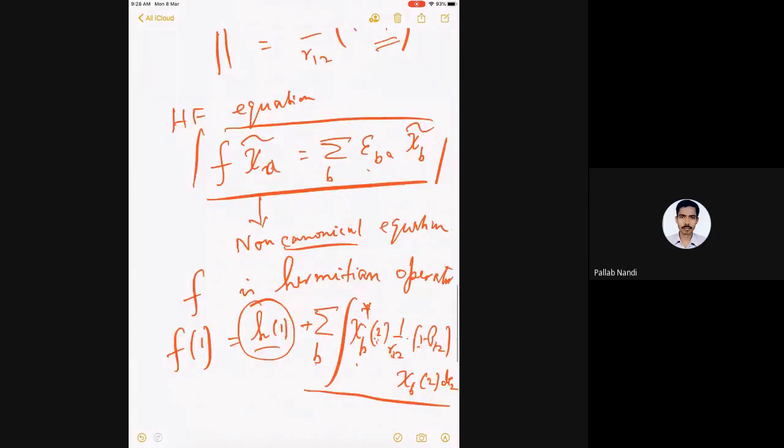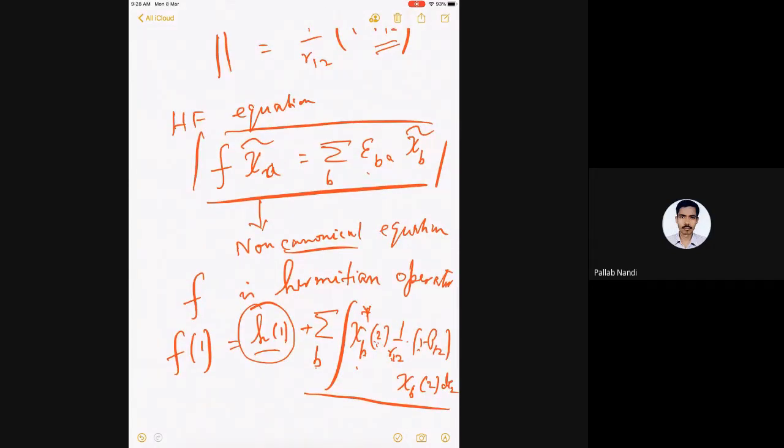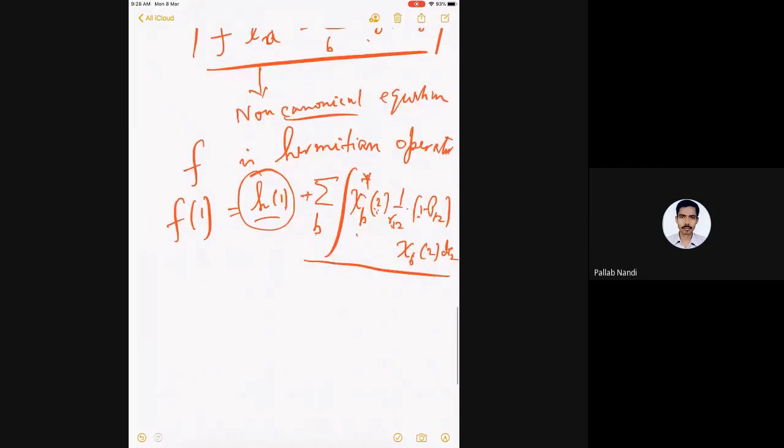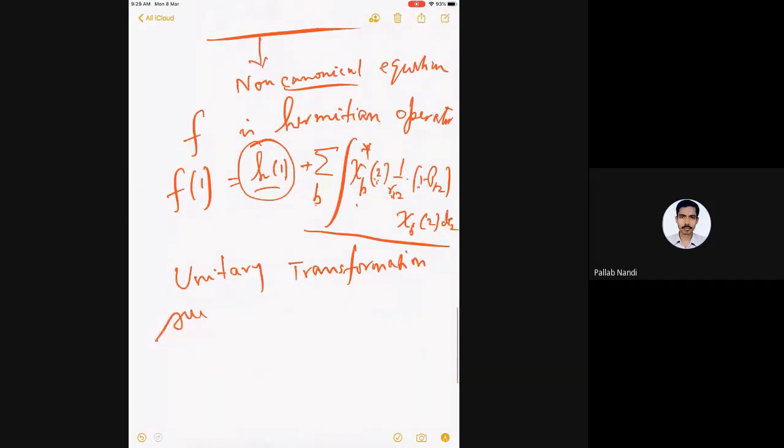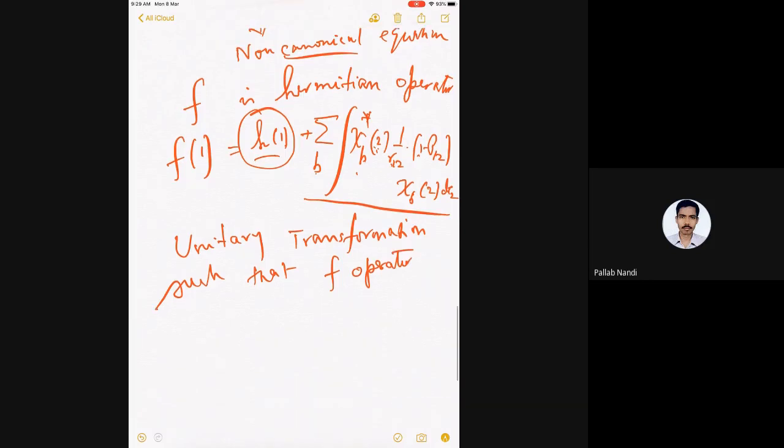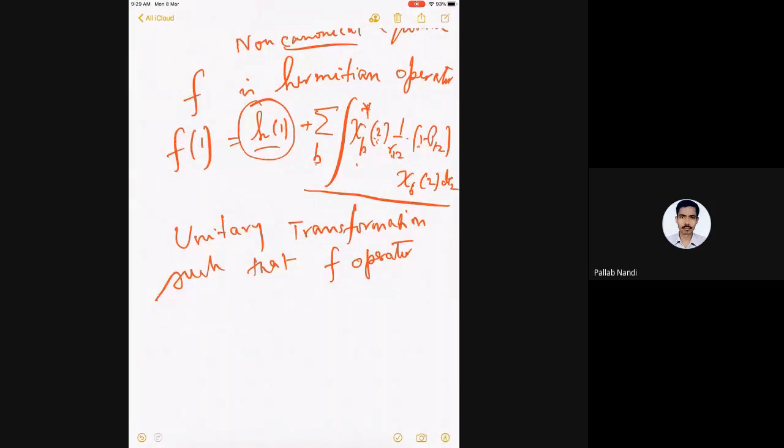However, this operator is a Hermitian operator. In that case, I can always find a unitary transformation, and I transform the spin orbitals such that the Fock operator eigenvalue equation can be reached.